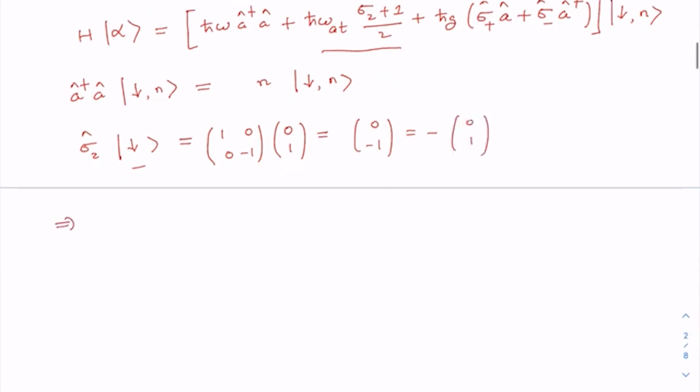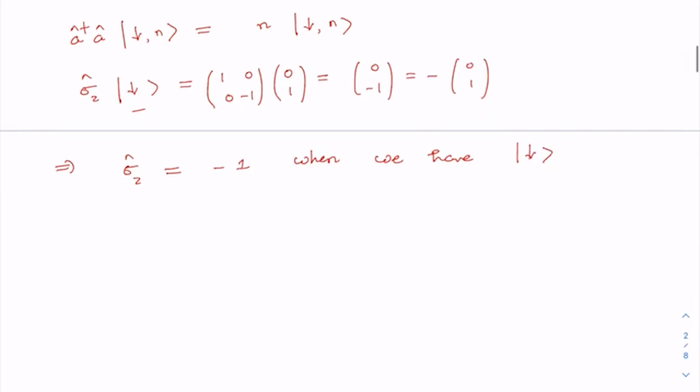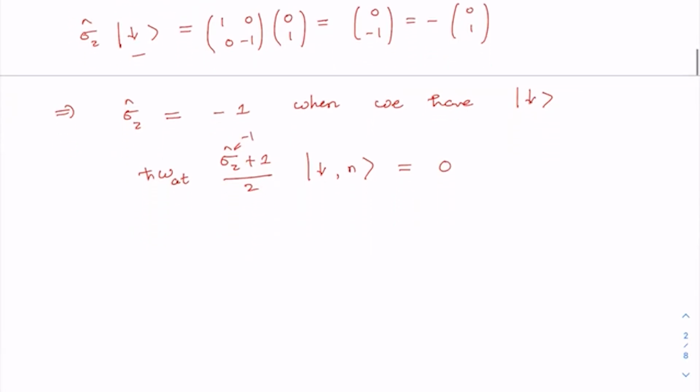So this implies that sigma z equals minus 1 when we have the ground state of the atom. Therefore, when ħω_atom (σz plus 1)/2 operates on this state, this would become minus 1 plus 1, so this whole thing would become equal to 0.